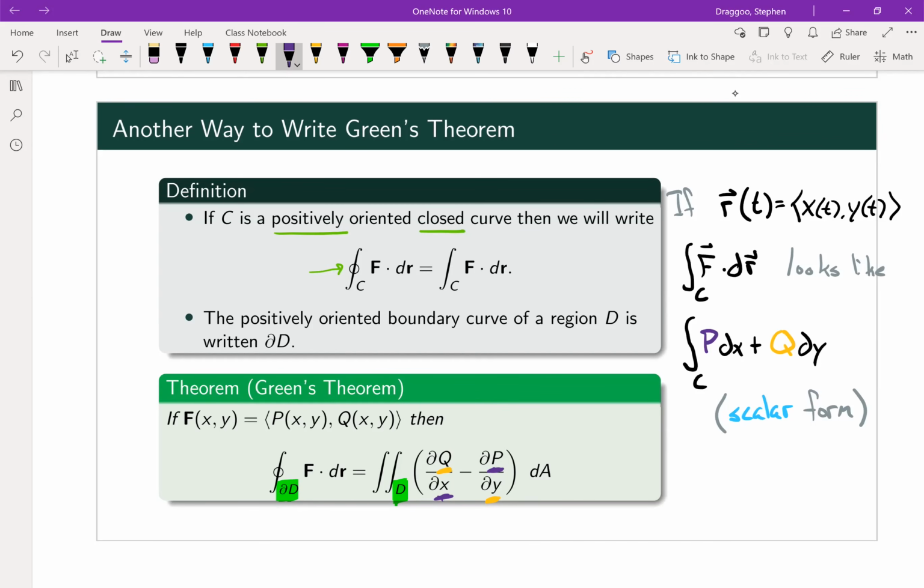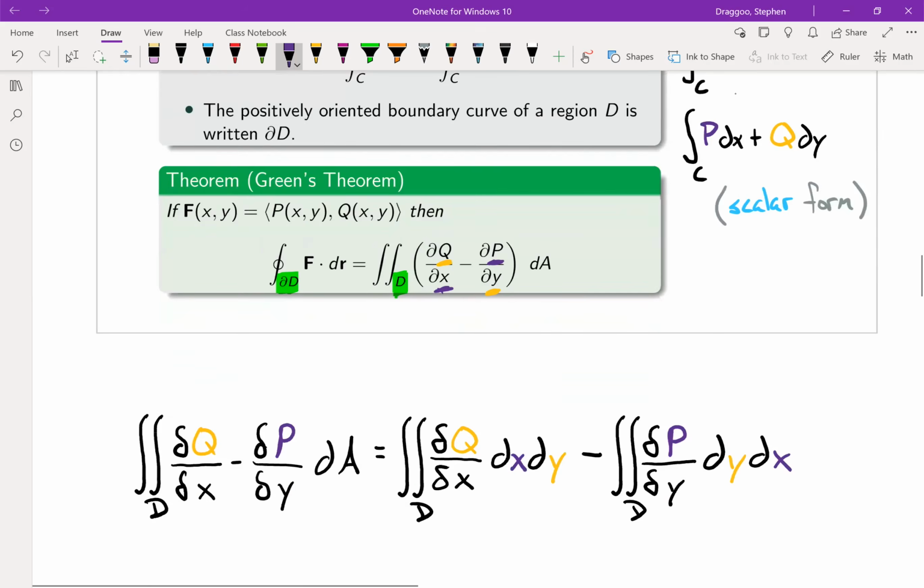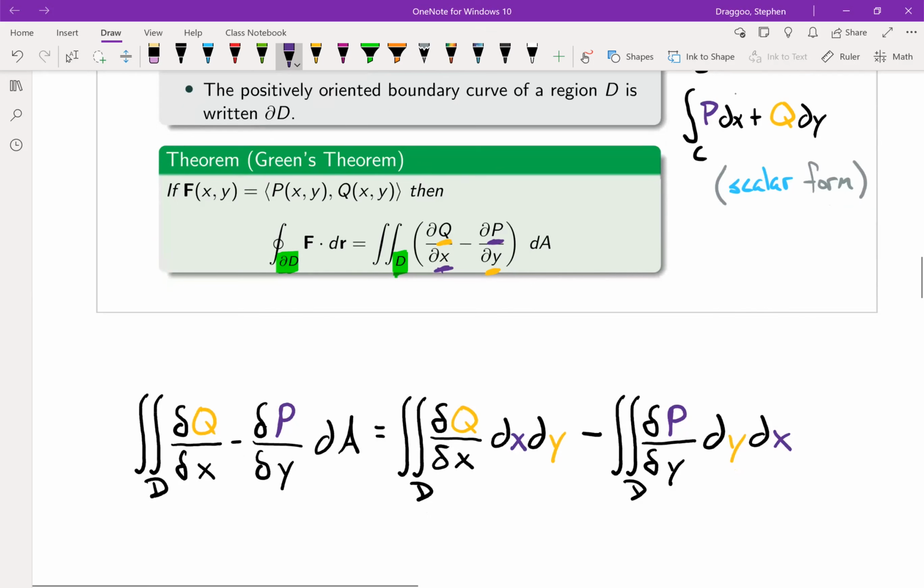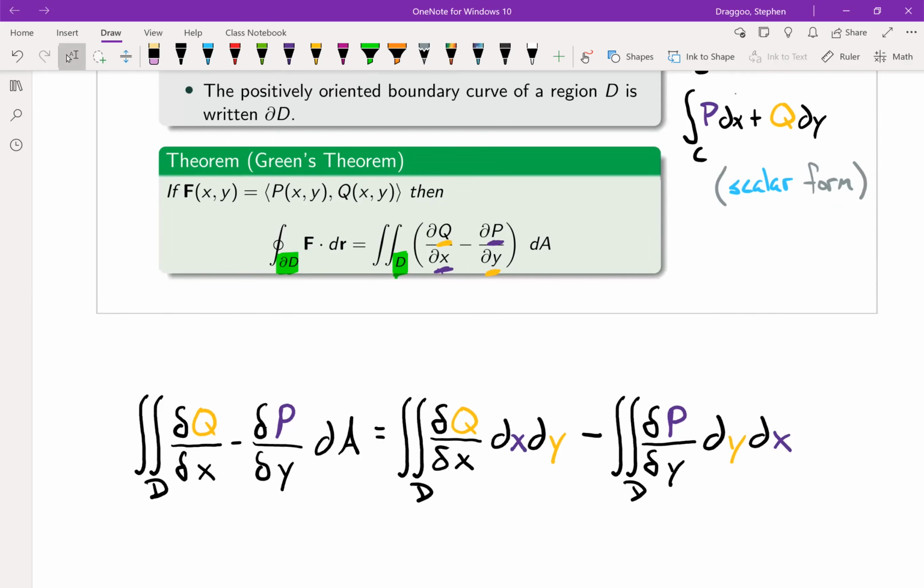All right. Now that we've introduced a whole bunch of notation, we're going to try to look at where Green's theorem comes from. The proof of Green's theorem is notoriously quite difficult, so we're not going to get into the nitty-gritty of it here.